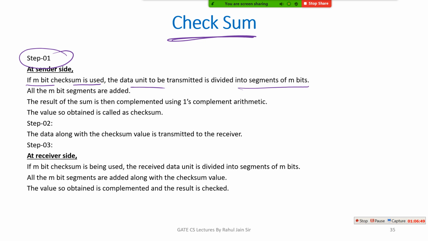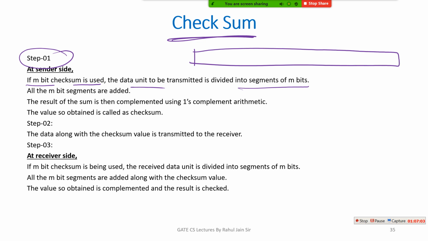Suppose I have a sequence of data like this and I need to apply an 8-bit checksum. We can also use a 16-bit checksum or a 32-bit checksum. It depends on the condition given in the question.